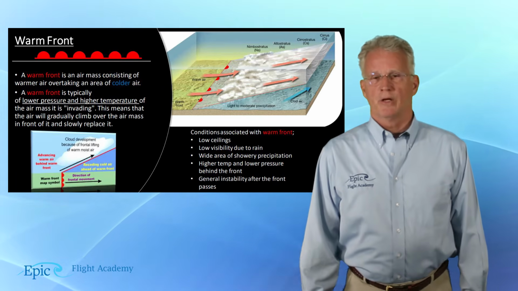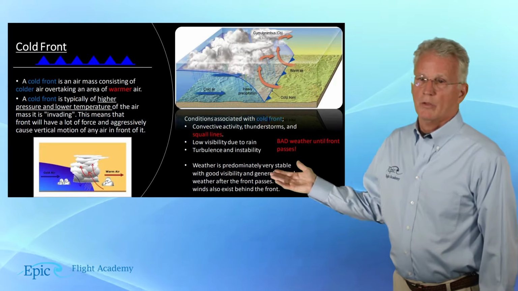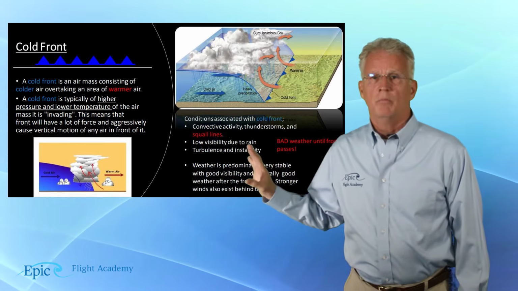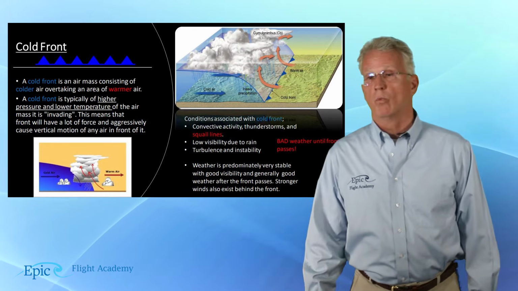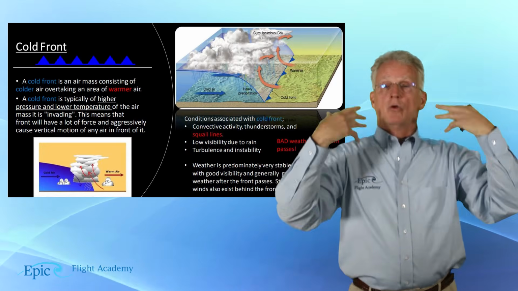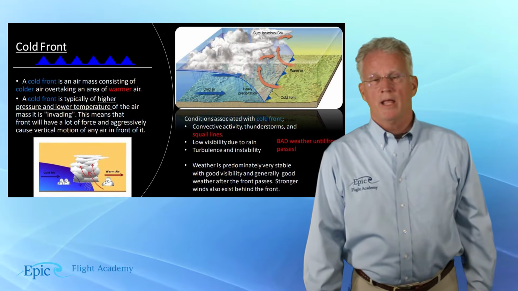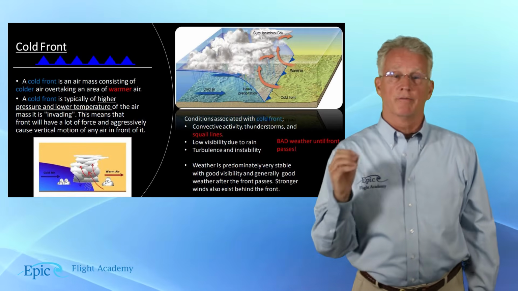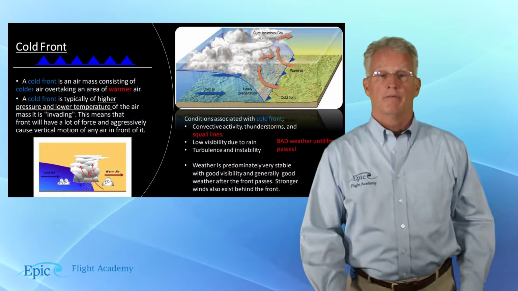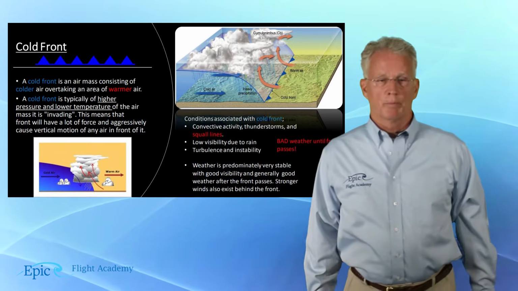The next common front is the cold front, and you can see that cross-section here. Notice in this case, we have cold air moving to take over a warm air mass. Now, this brings in colder air aloft. A cold front is typically of higher pressure and lower temperature of the air mass that it is invading or replacing.